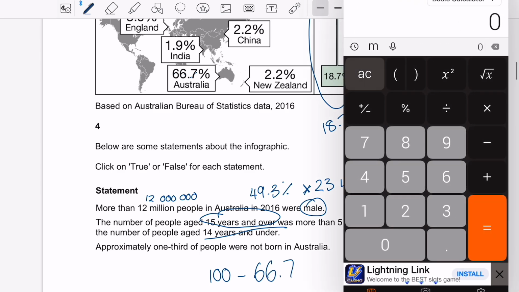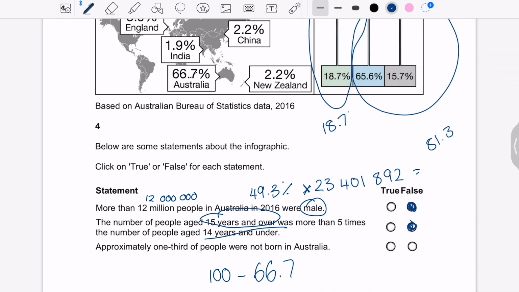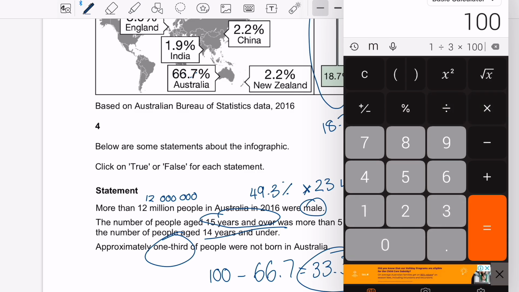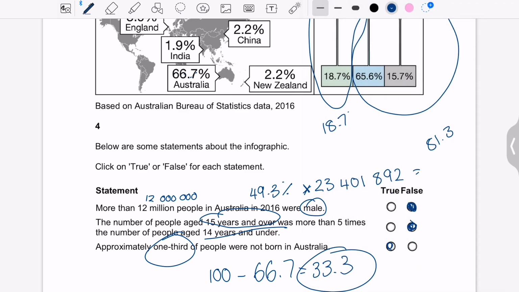Let's do that on the calculator. 33.3. 33.3 is approximately 1/3 of 100. I can show you that on the calculator. 1/3 of 100, 33.3. So that one is true.